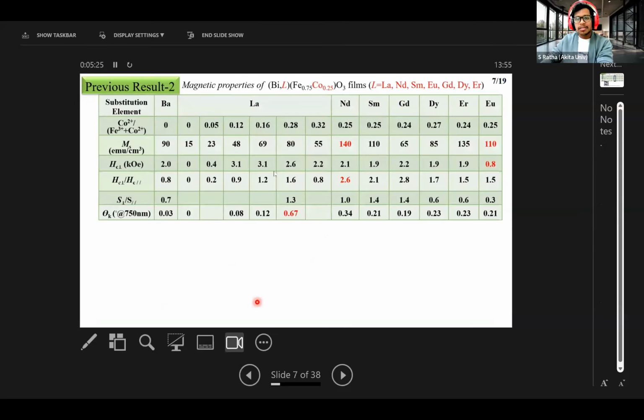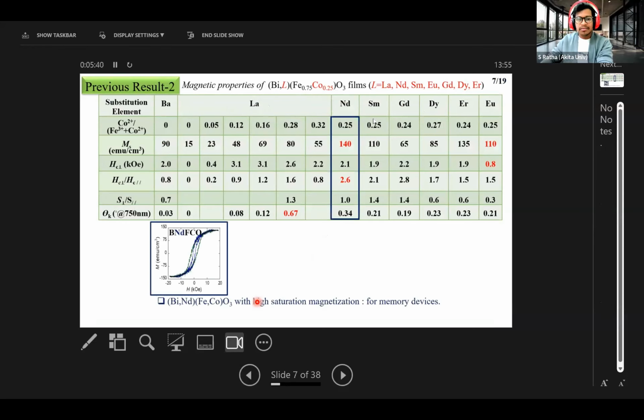In my work, I substituted many lanthanoids and cobalt at particular percentages. So I tried lanthanum, neodymium, samarium, gadolinium, dysprosium, erbium, europium at different compositions and different conditions. Then I found in the case of neodymium substituted bismuth ferrite, the saturation magnetization is very high. Like I said, in the case of high saturation magnetization, I can use it in memory devices.